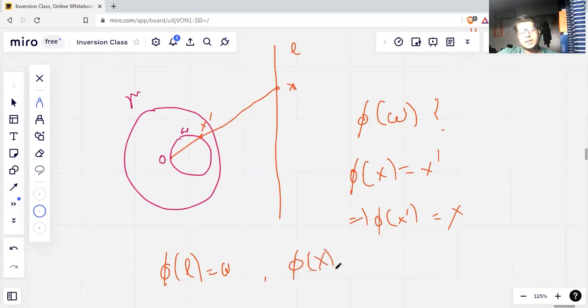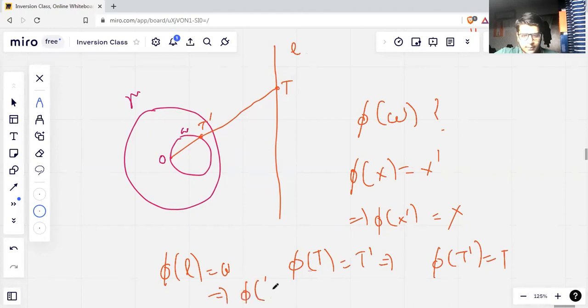Phi of x is x dash. Okay, I have used x already, so let's just call this t. Phi of t is t dash. This means phi of t dash should be t. So any point lying on gamma will go to a point lying on this line. So can I say phi of omega will just be L, right?